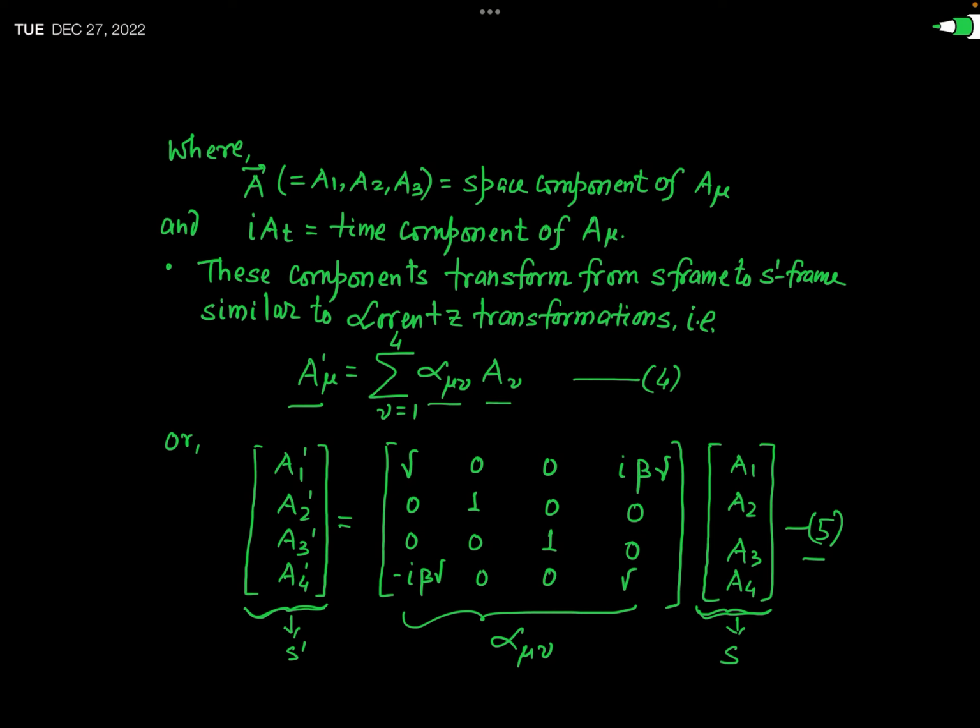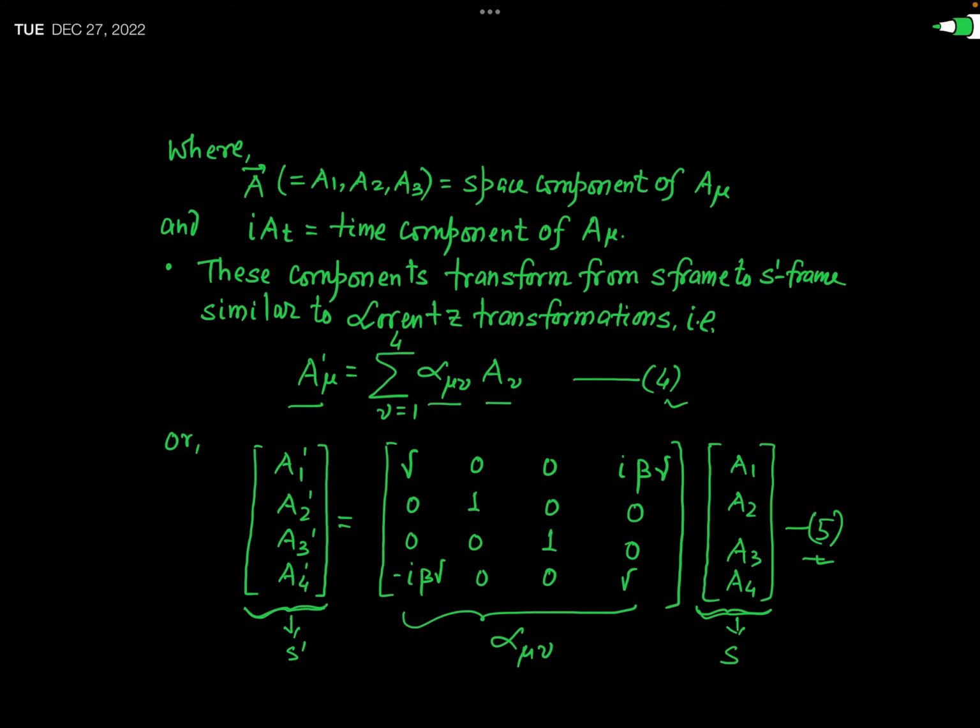So either using equation 4 or equation 5, you can easily find the values of A1 prime, A2 prime, A3 prime and A4 prime if we know A1, A2, A3 and A4.